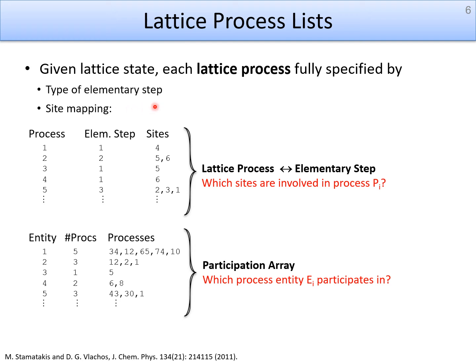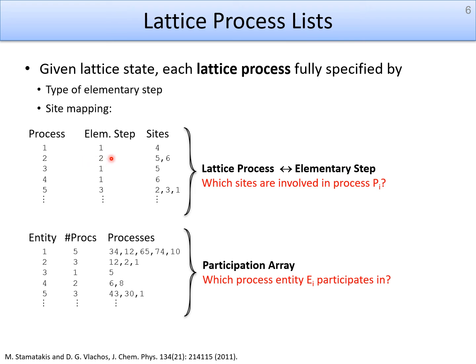This way, we know that process 1, for example, is elementary step 1. This may denote CO adsorption, for instance, and it happens at site 4. So site 4 would be empty in the initial state and then occupied by CO in the final state. Process 2 may be a CO oxidation process, for instance.